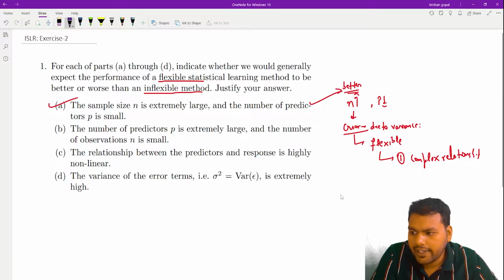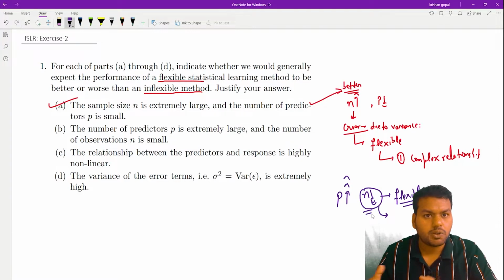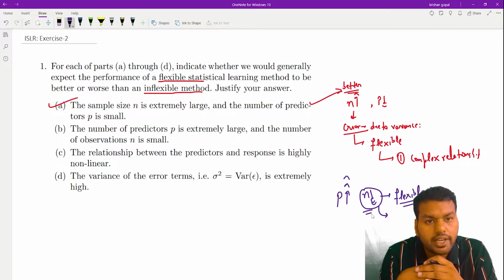Now come to the second case. Now we have an extremely large number of predictors and a very small data set. In this case, if you use flexible methods, they can easily overfit the data. Why? Because I have a very small sample size, a very small amount of data.